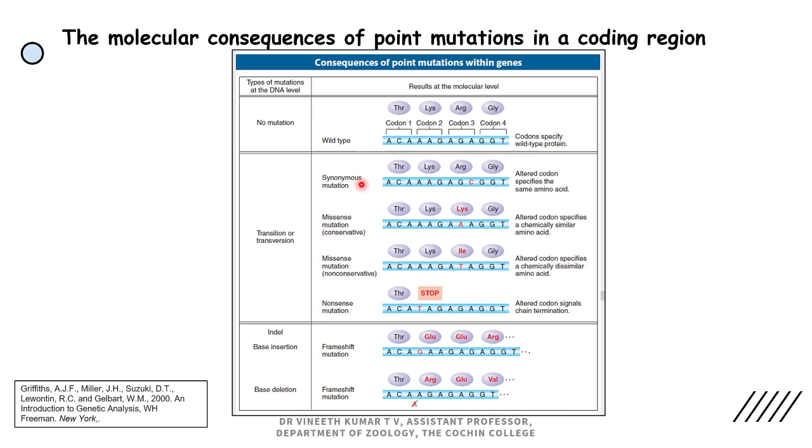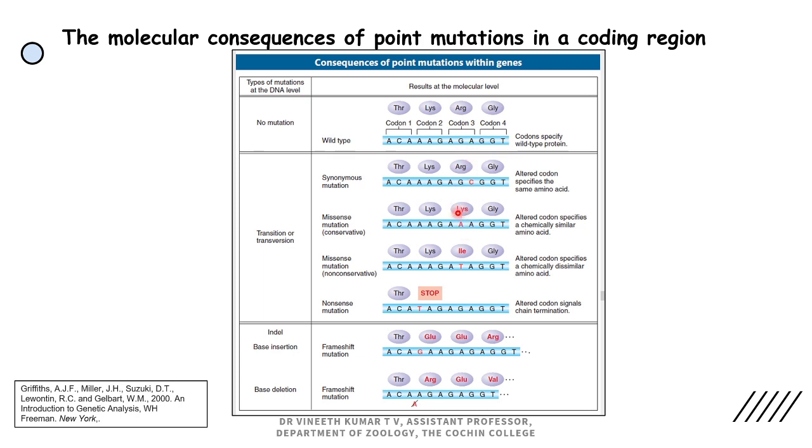The second type of substitution is called missense mutation, and this missense mutation is conservative. The first one was synonymous in the sense that it gives you the same protein sequence. Here we see the second type, where you can see this guanine in the third codon is replaced by adenine.